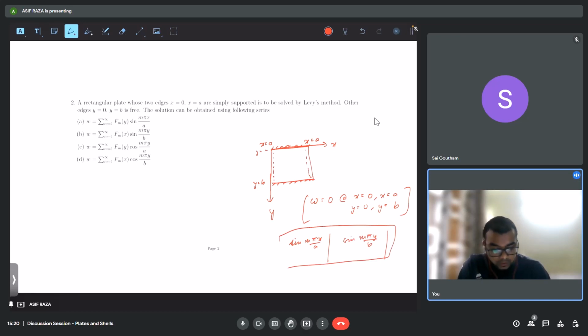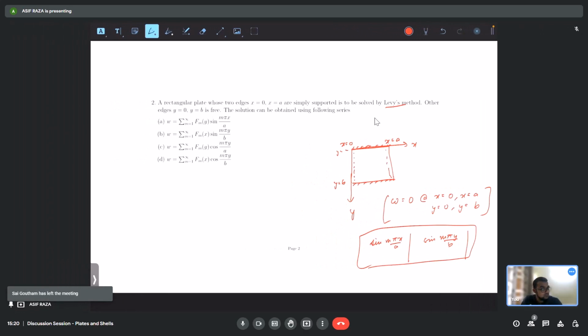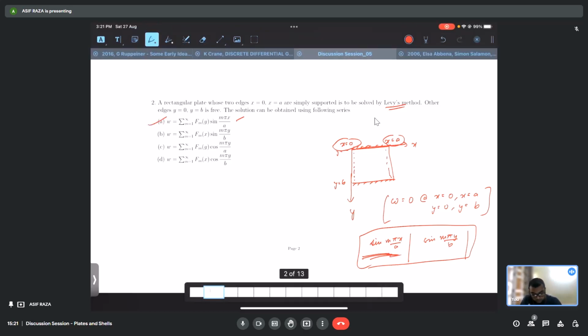But Levy's method specifies the boundary condition with respect to simply supported, so we have x equal to 0 and x equal to a. So more prominently, the boundary condition in the displacement function would be having sine m pi x by a. So with this we'll have this option, and the correct option would be 2a.